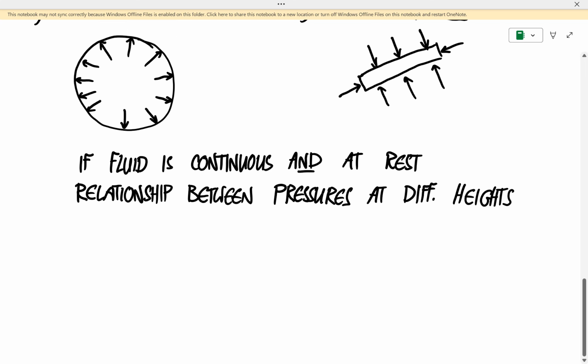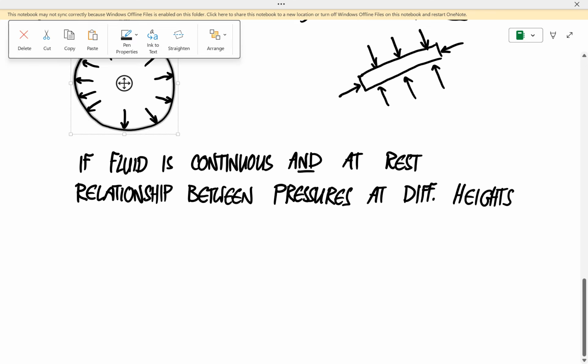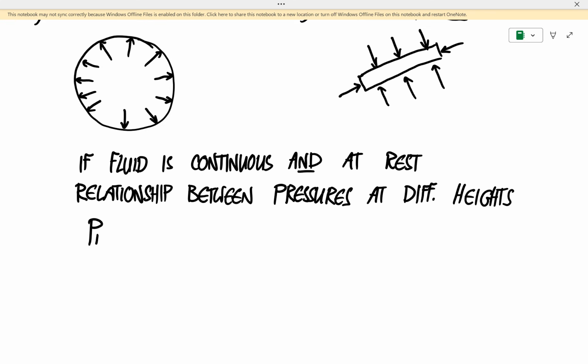And the relationship is the pressure at the lower height is equal to the pressure at the greater height plus the density of the fluid times the acceleration of gravity times the difference in heights between those two.